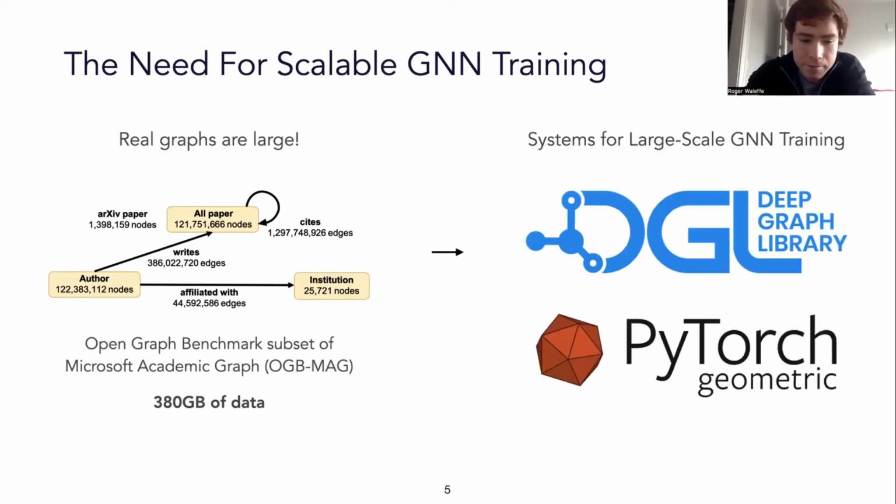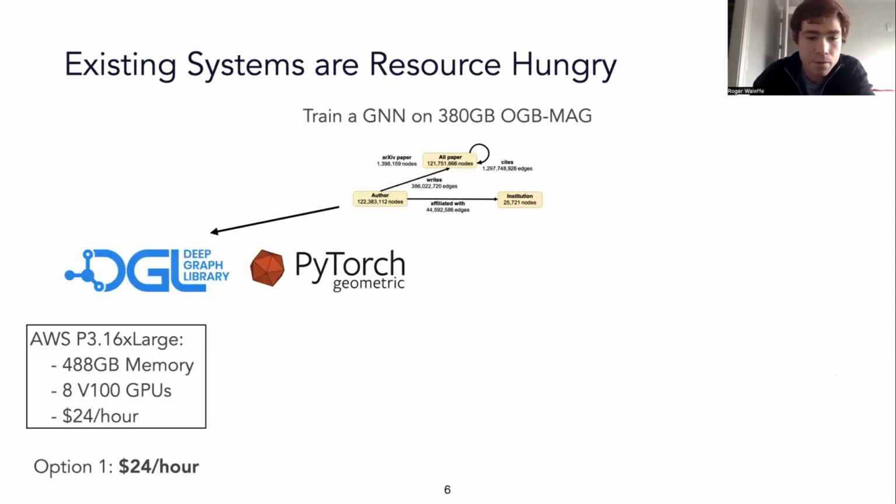As such, a number of systems have been developed to help practitioners train GNNs over real-world graphs. And two of the most popular are DGL, which is developed by Amazon, and PyTorch Geometric. But let's consider what the options are for actually using these systems to train a GNN on this 380 gigabyte graph.